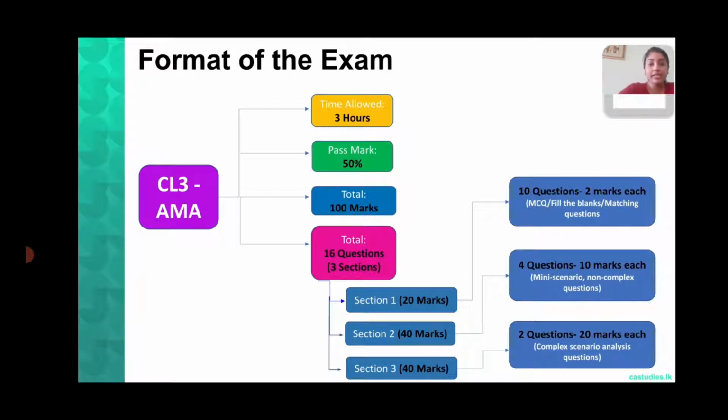Let's see what section 2 tests. Section 2 gives mini scenario or non-complex questions, meaning they want basic calculation and basic theoretical stuff, but in a more explanatory way, where you don't have to select the answer but you have to give your own answer and show your workings.